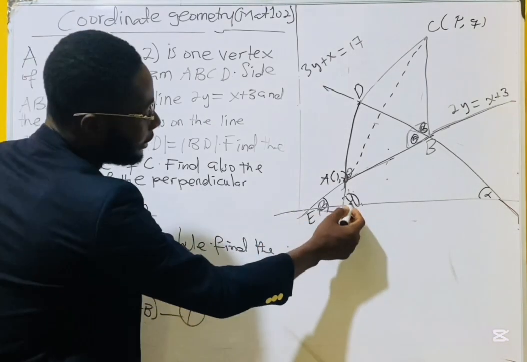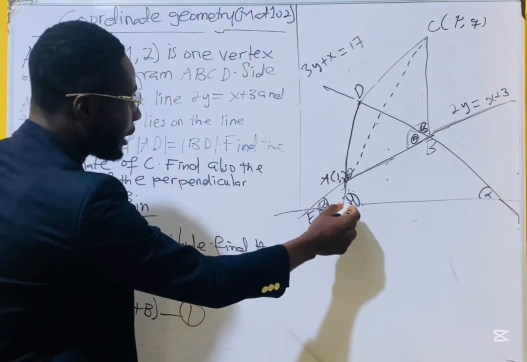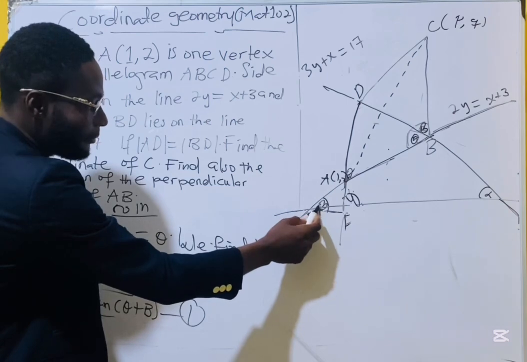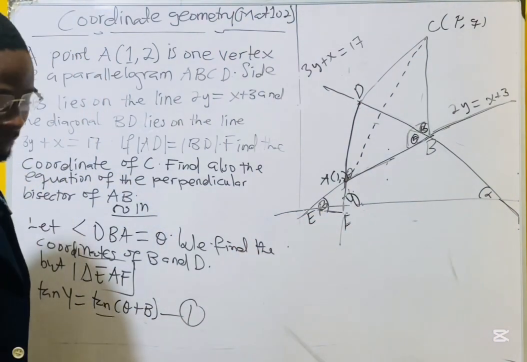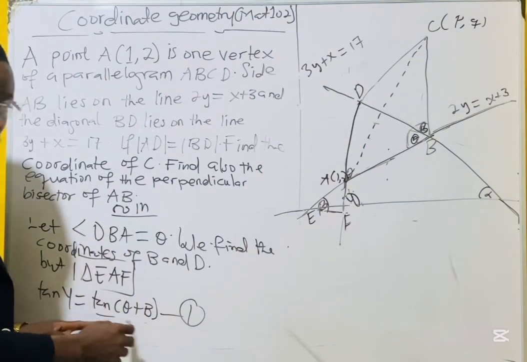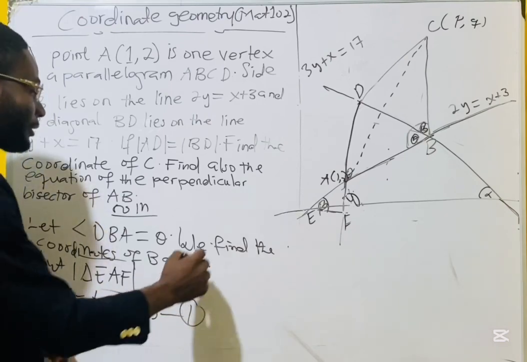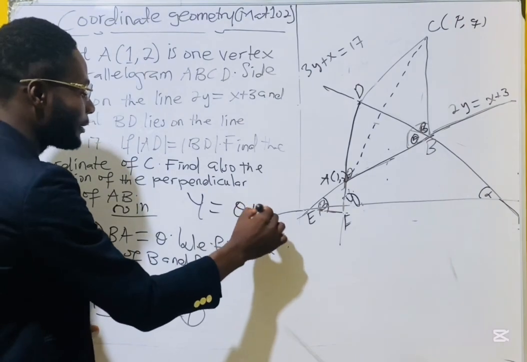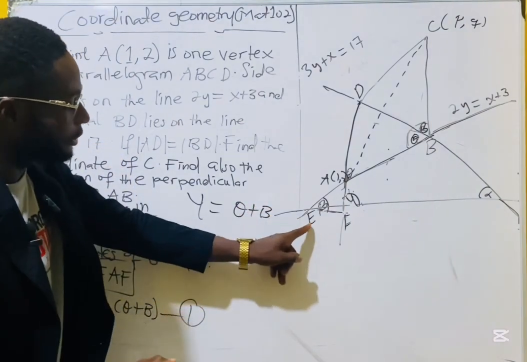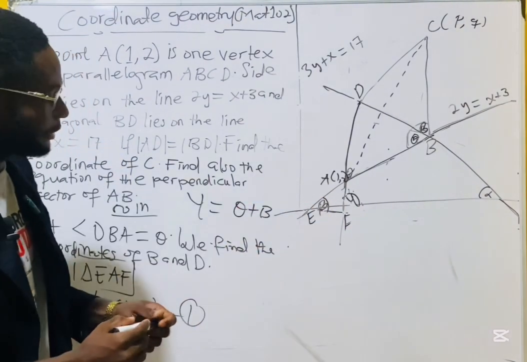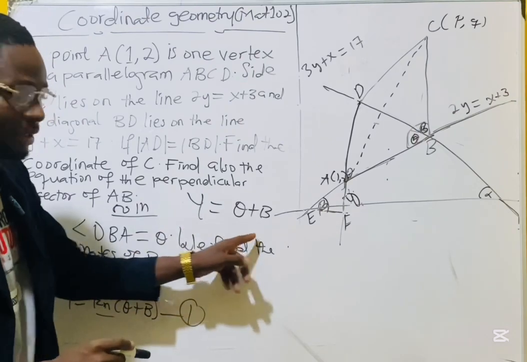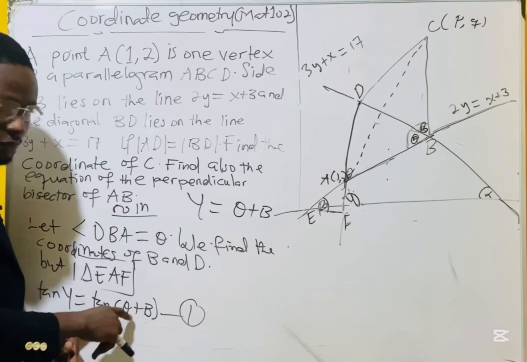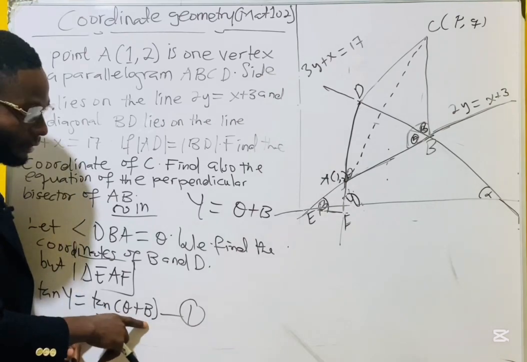So tan gamma is equal to tan of theta plus beta. I just introduced the tan to both sides straight off because you know that gamma is equal to theta plus beta from this triangle EFA, right? So if this is equal to this, then you can introduce tan to both sides. Then you have tan gamma equals tan of theta plus beta, right?